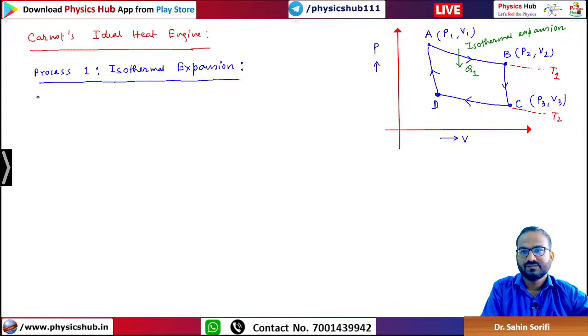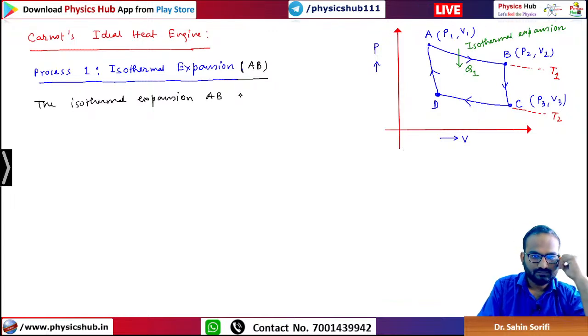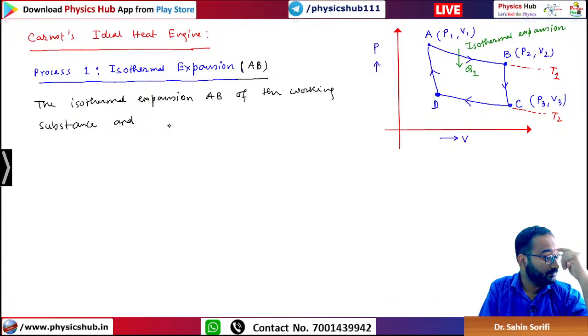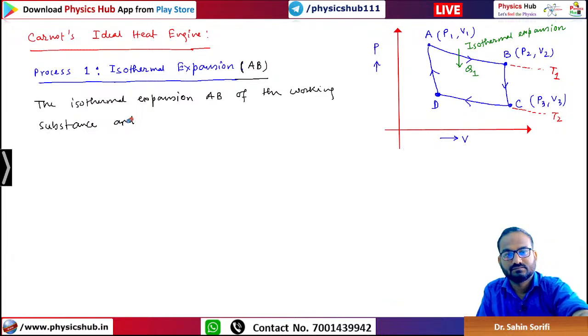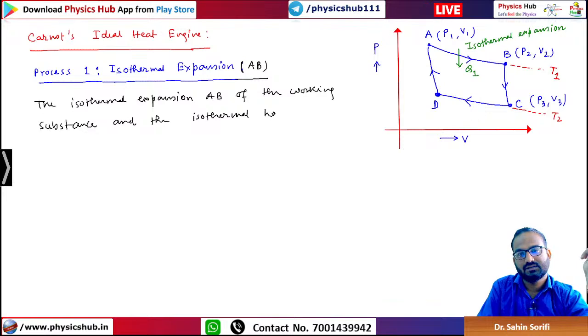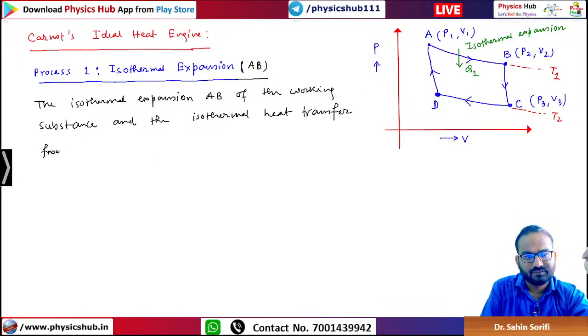So, isothermal expansion is represented by AB. Let us also write it down: the isothermal expansion AB of the working substance and the isothermal heat transfer Q1.